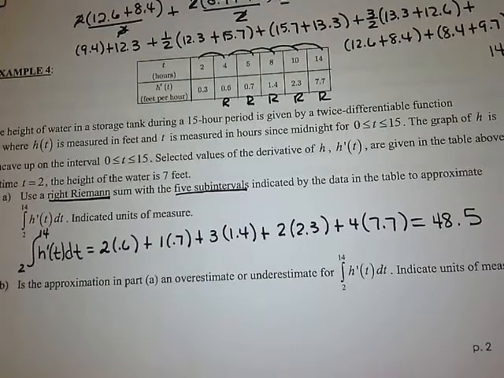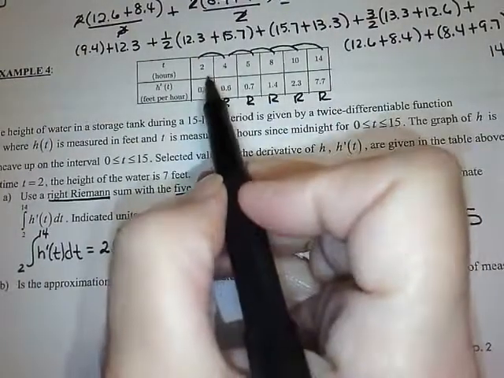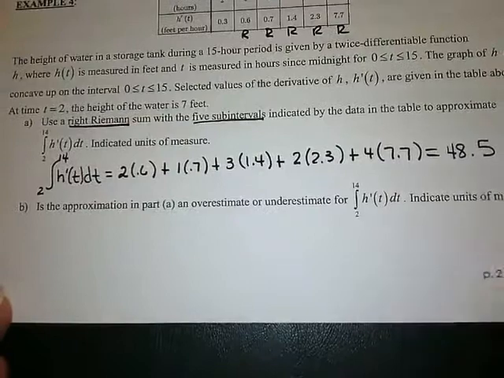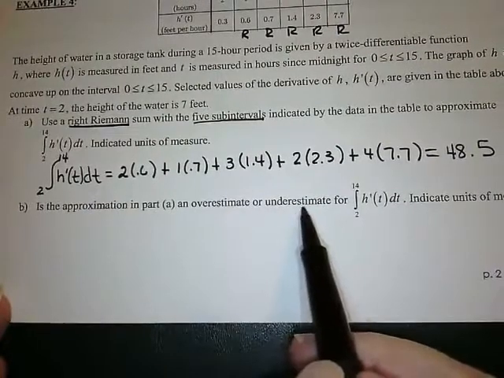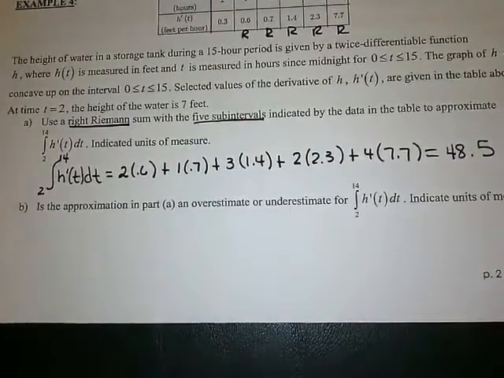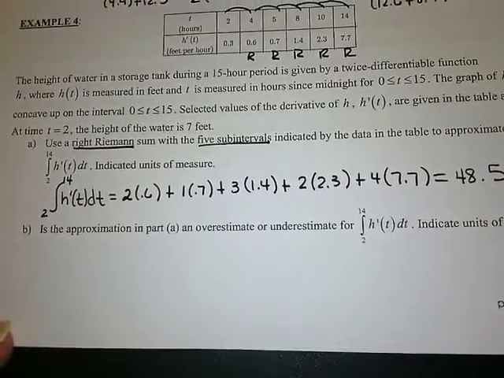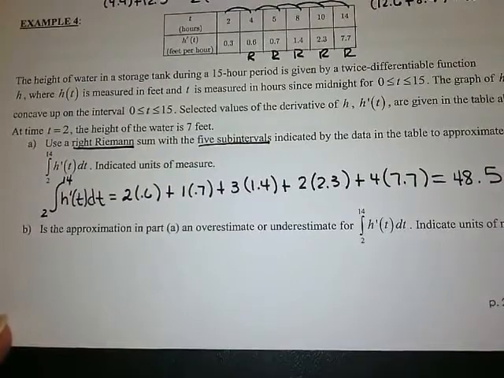Okay, so first of all, we have to look at this function, right? Because if we went back and looked at our notes to figure out if it's an overestimate or an underestimate, you have to know, first of all, if it's increasing or decreasing, and then you have to decide if it's a left-hand Riemann sum or a right Riemann sum, okay?